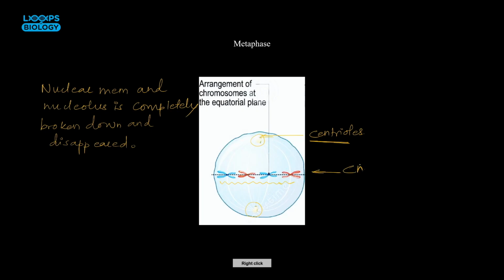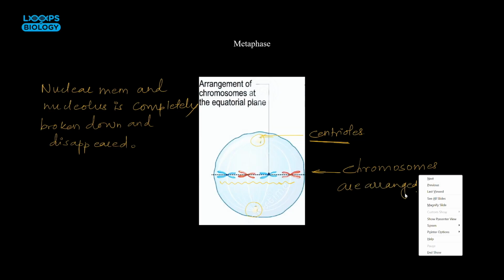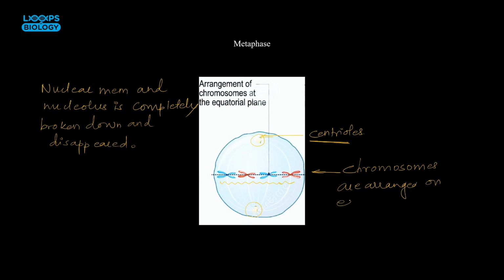Chromosomes are arranged on the equatorial plate. Alright, so these chromosomes are arranged in such a way that all the chromosomes will lie on the equator of that particular cell, if we are considering that cell as an earth.